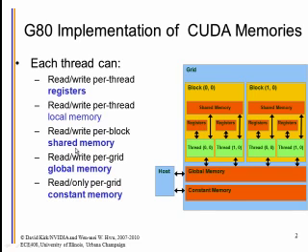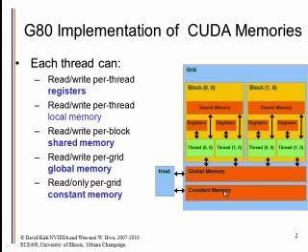There's also read-write global memory that's shared among all the threads in all blocks. Similarly, constant memory is shared among everybody but is read-only, so it's a little bit faster than global memory.